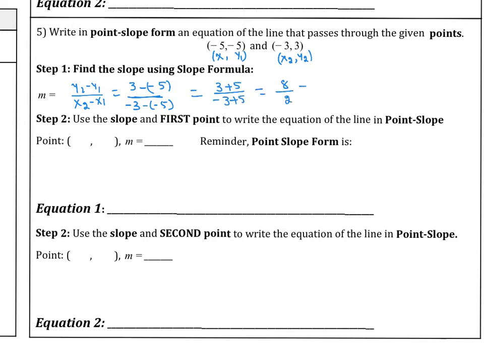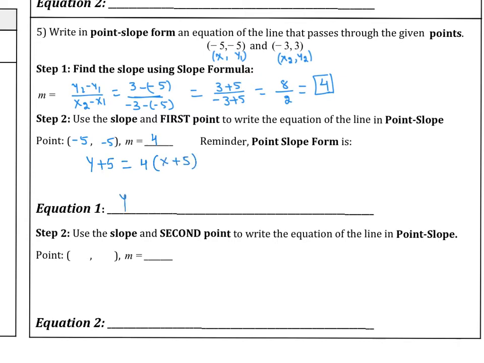That is 8 divided by 2, and it's going to be 4. We're going to choose the first point, -5 comma -5, and the slope is 4. Use the opposite sign. If the point is negative, it's going to be x plus 5.